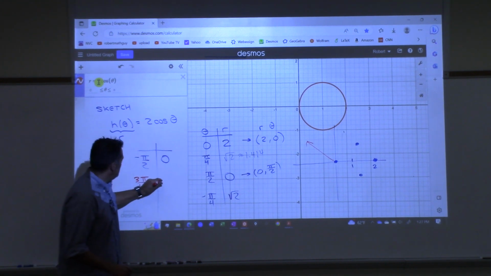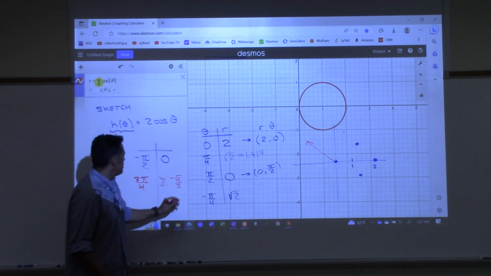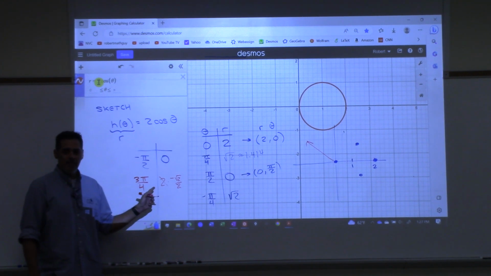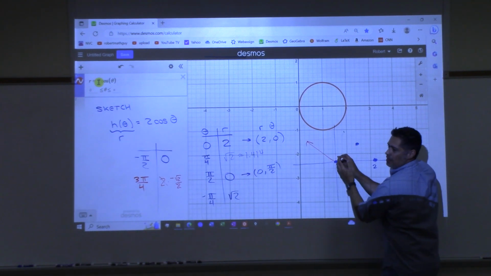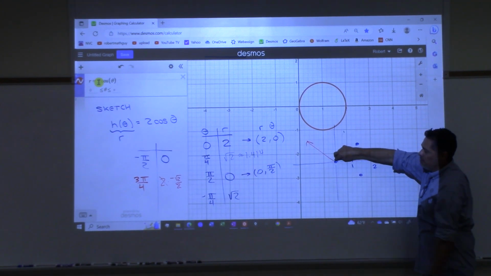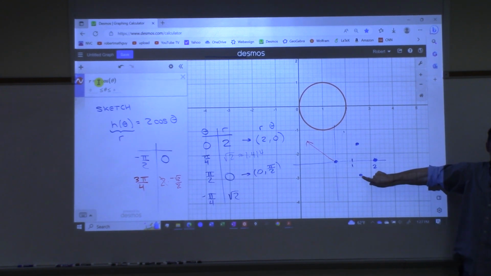So this becomes 2 times negative root 2 over 2. The 2's cancel and you get what? Just negative root 2? What does that mean? I'm aiming in this direction and I'm supposed to walk out how far? Negative, yeah, so I'm moonwalking backwards to this point again, you see?